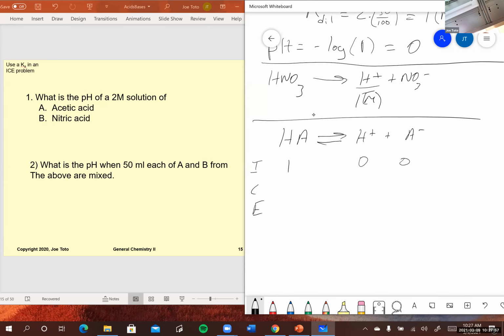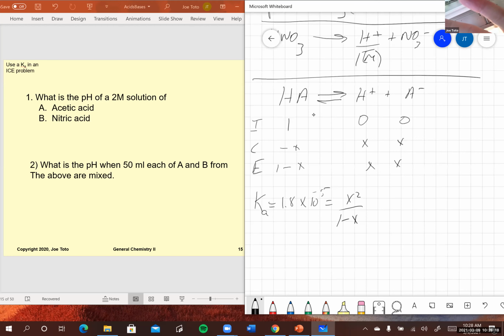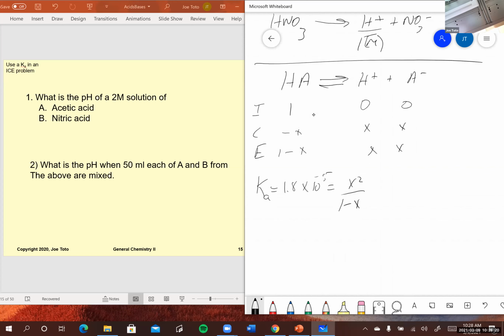If I just had a 1 molar solution of this, I could get something like that. The Ka expression equals 1.8 times 10 to the minus 5th, which equals x squared over 1 minus x. So I can calculate x squared and then add it to the other one, which is 1 molar, and it would be negligible. And we know it's going to be less than 5%.